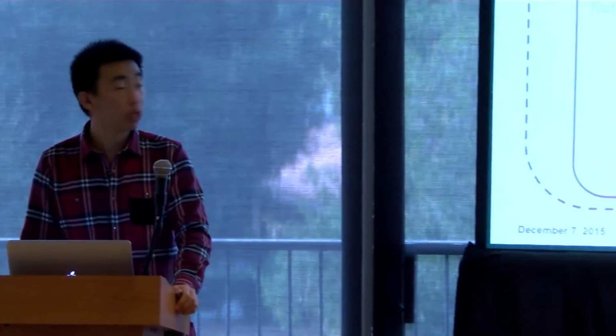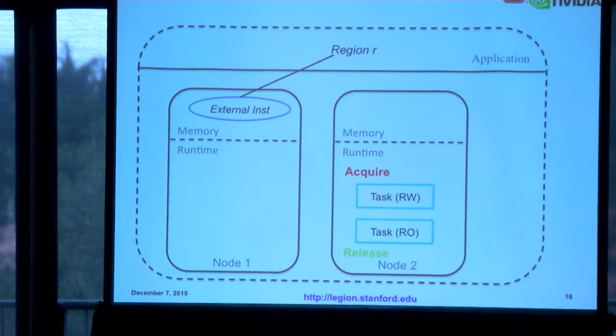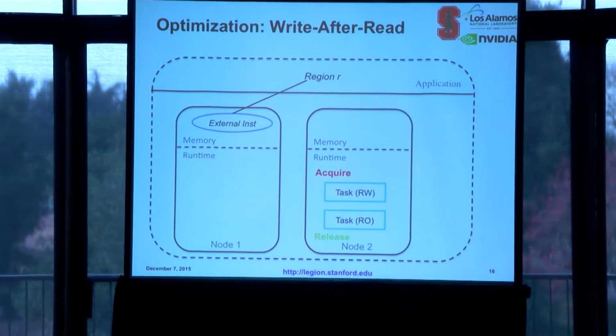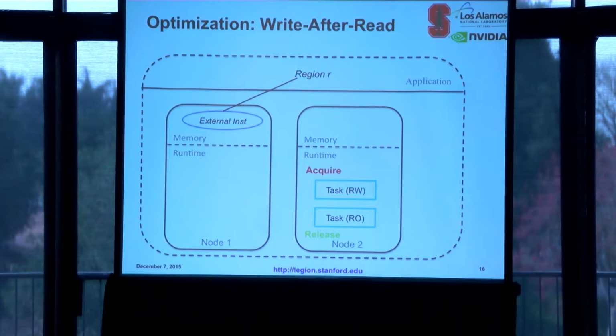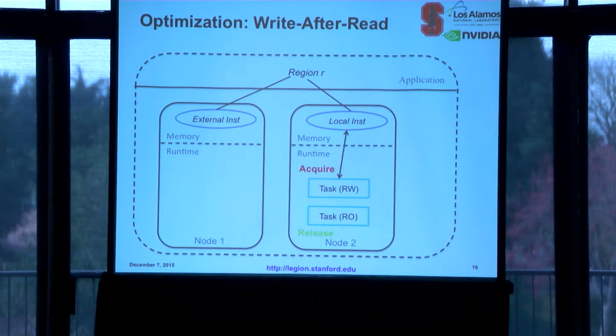Okay, here we go. The write after read optimization says if you have a region that is attached to some external instance, and you have some tasks that have been mapped to other nodes for parallel execution, the acquire and release operations will allow Legion to make some local copies. So the beginning is the same as the previous optimization, but the difference is that the first is a read-write task, which may change the content in the local instance.